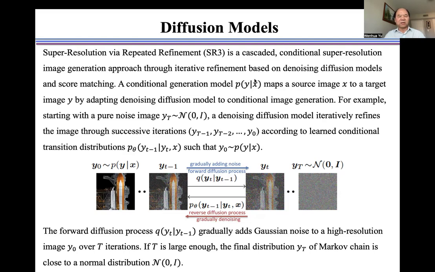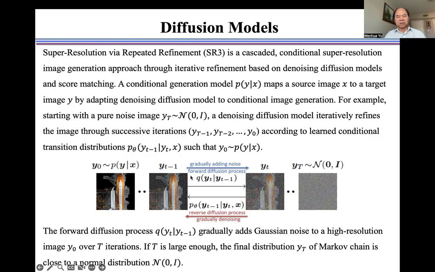For example, starting with the pure noise image YT as shown here, a denoising diffusion model iteratively refines the image through successive iterations from yt minus 1 to y0, as shown here, according to our learned conditional transition distributions p theta, so that y0 is sampled from a conditional probability of y conditioned on x, as shown here.